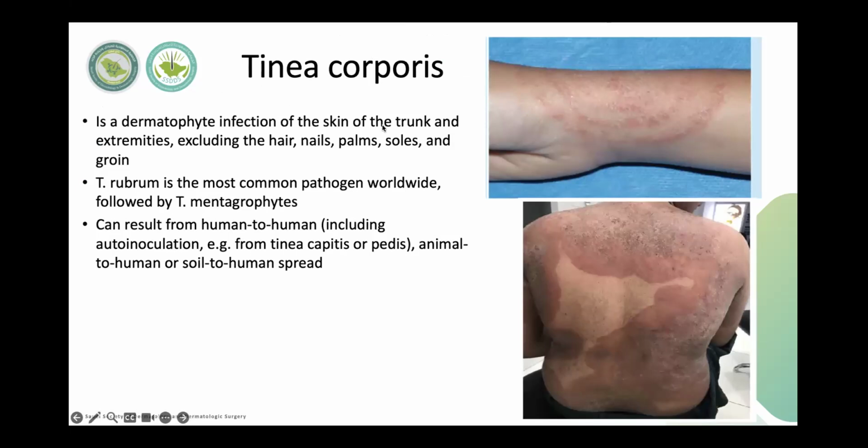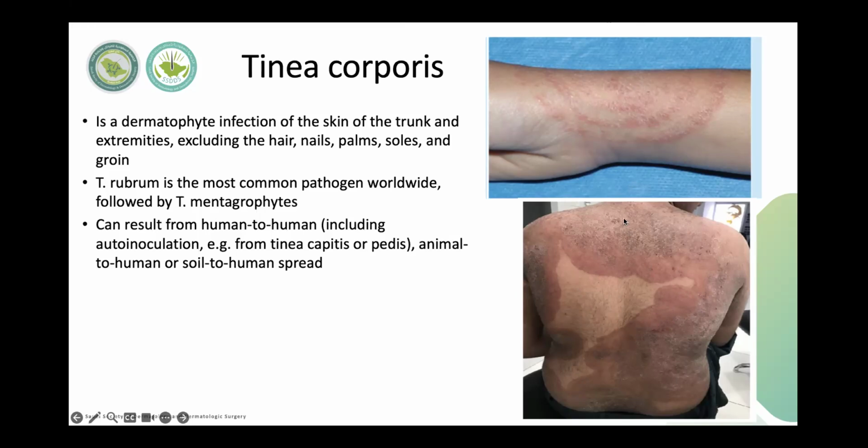It's a dermatophyte infection of the skin of the trunk. Usually it presents with single or multiple annular plaques with an elevated scaly border. This is the typical presentation, usually Trichophyton rubrum, but sometimes it can also have a severe presentation like this, and for sure topical treatment won't be enough to treat this.